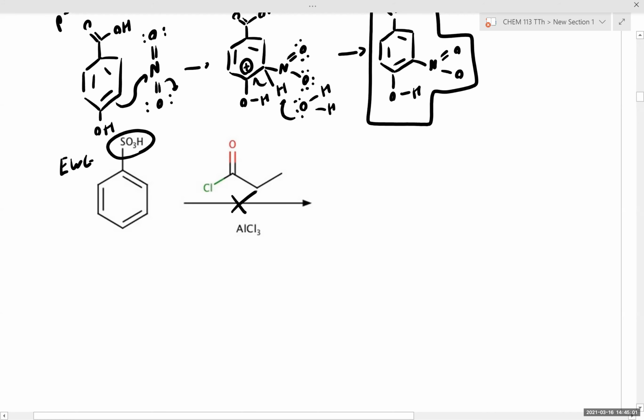Does this example make sense? Okay, so let's keep going then.